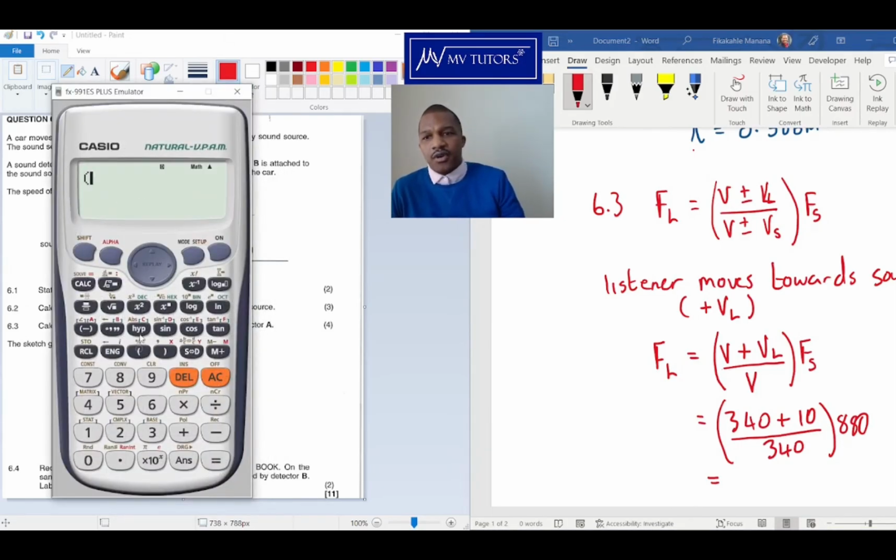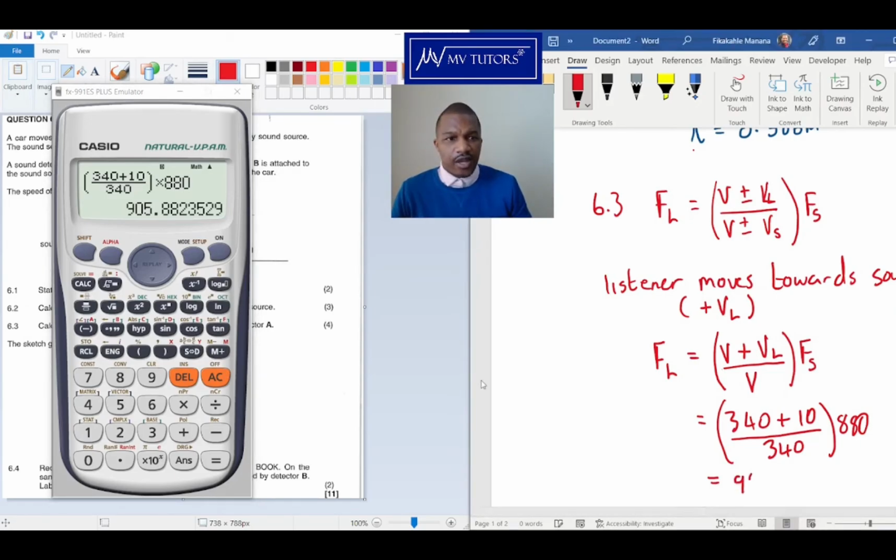Let me open the bracket, put a fraction. We've got 340 on top plus 10. At the bottom, we've got 340. We close that bracket. We multiply everything by 880. And then our final answer is 905.882. Good. And what are the units here? We're talking about hertz. Good.